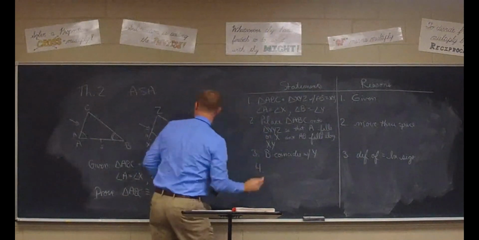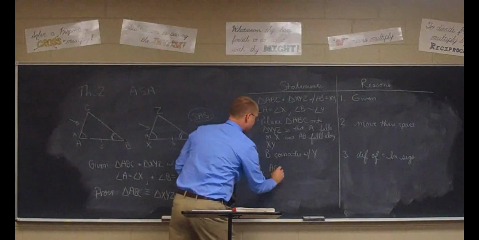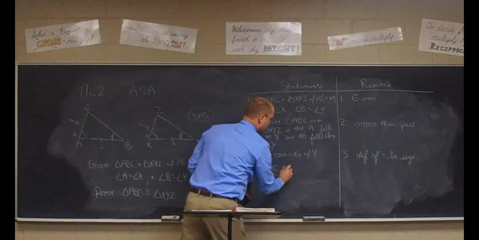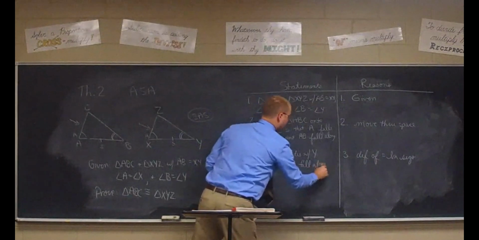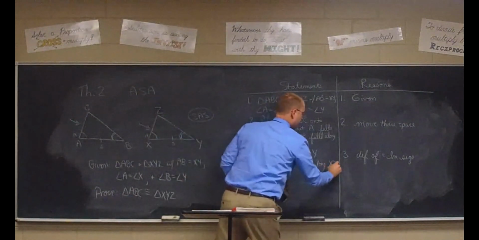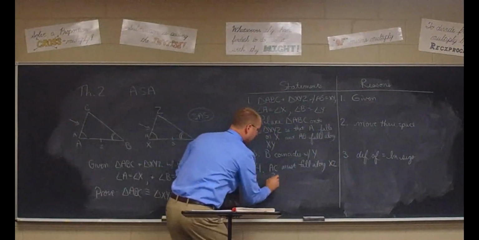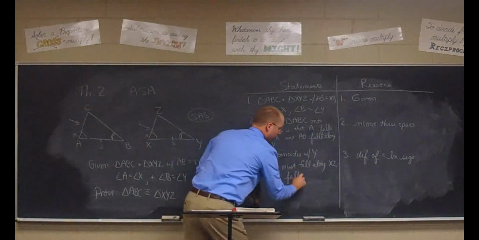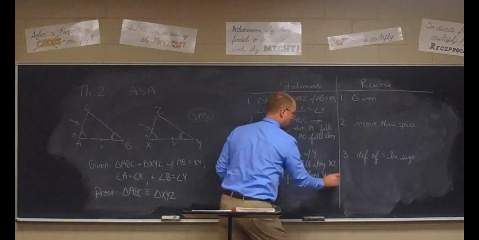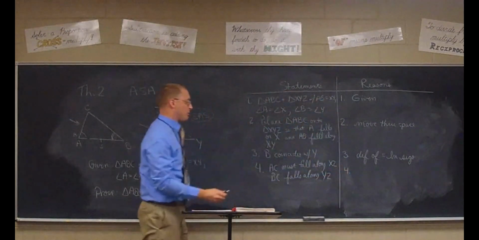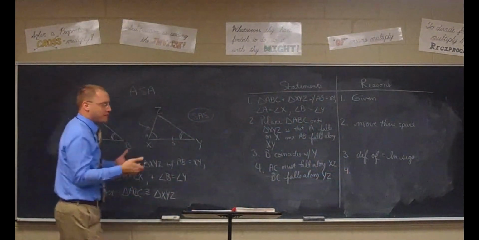So because we have equal angles, AC must fall along XZ, and BC falls along YZ. They have to. We have equal angles. Sides coincide. They fall along each other.